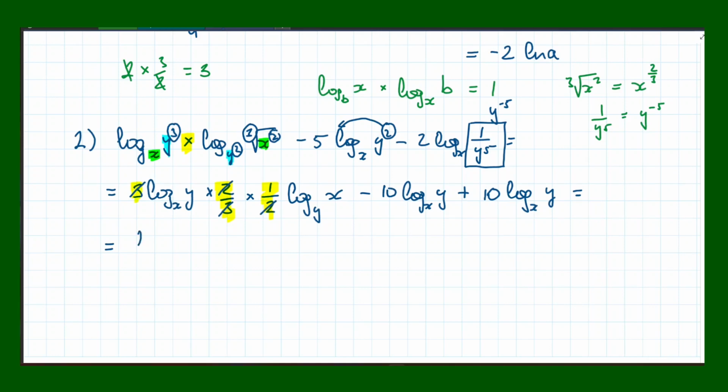So at the end, I just end up with log base xy times log base yx minus 10 log xy plus 10 log xy. But hold on, I'm taking away something and I'm adding that very same thing to the expression. Well, then that's basically going to cancel down to 0.